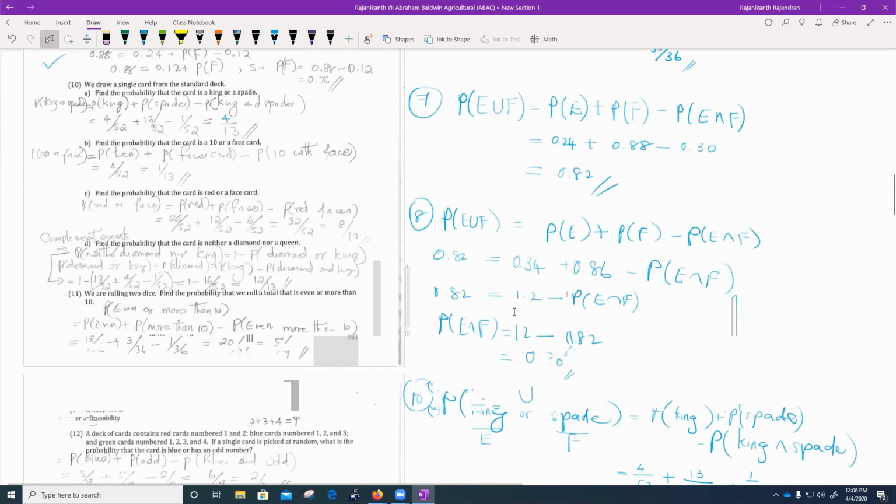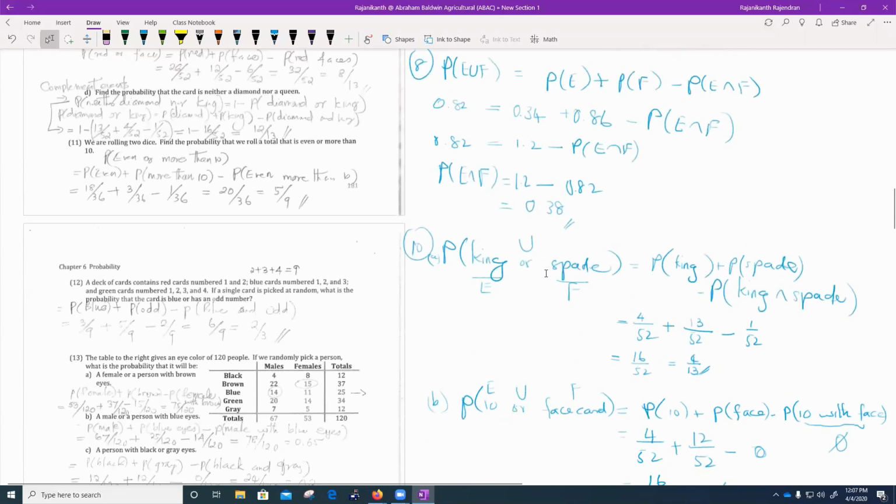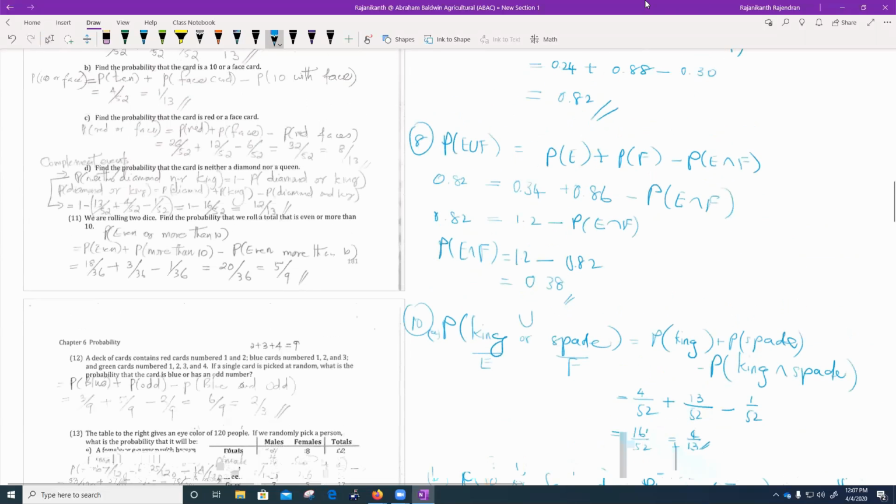Okay. So again, there's a typo, but here is the correction. I need to make the correction there. There should be 16, right?